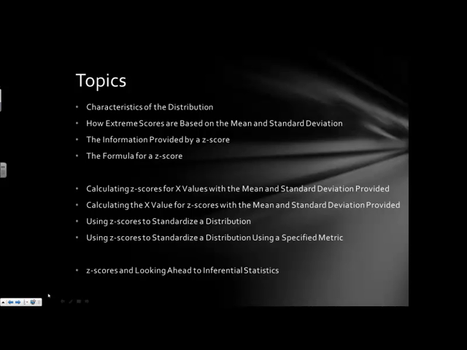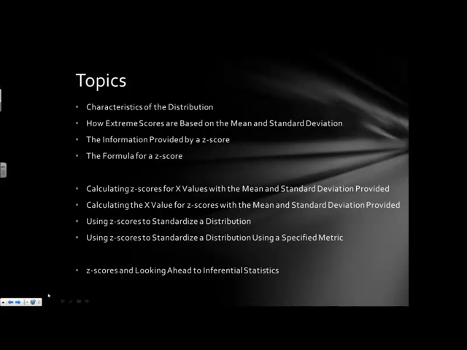The number that you get for a z-score that you calculate tells you two different very important pieces of information. Then I'll move on to the formula for a z-score in both the conceptual and mathematical form. And then we will do some calculations. So finding z-scores for specific x values, and then reversing that formula to find specific x values based on the z-score.